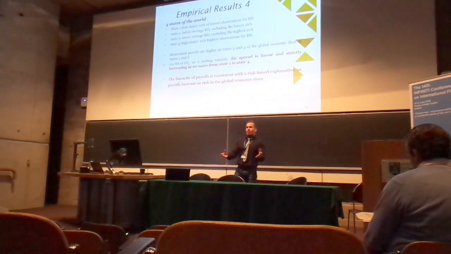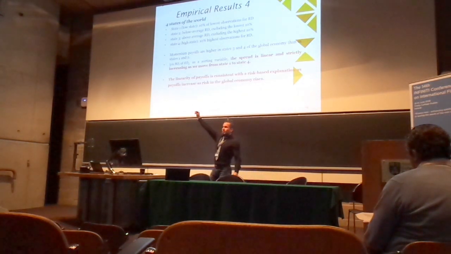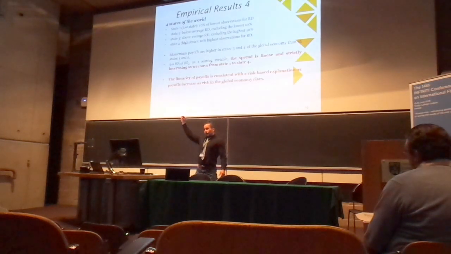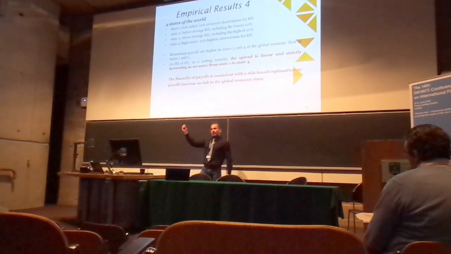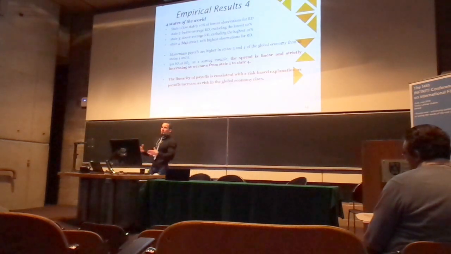This is a state where everything in the economy is kind of glorious, so the economy is expanding, low risk. And we move to the 4th state, where we have the 10% highest observations in cross-sectional currency return dispersion. This is a stress state where everything in the economy was crazy, like in the financial crisis period, for instance.